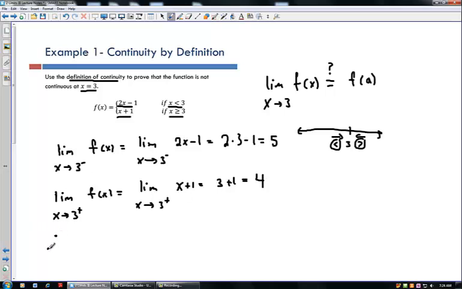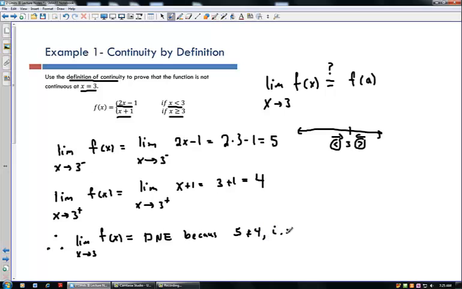Therefore, we use these little 3 dots to mean therefore, the limit as x goes to 3 of my function f of x does not exist because 5 is not equal to 4.